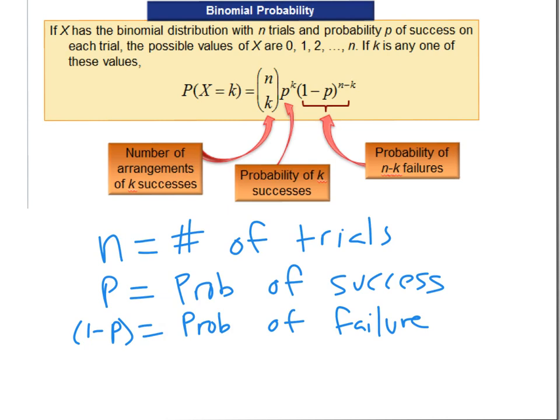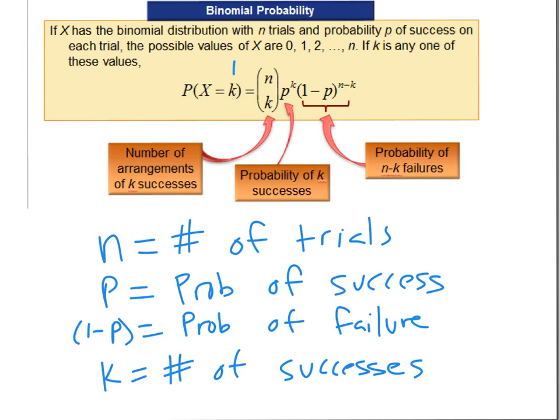Remember, the whole thing started with the B in BINS by saying these events have to be able to be labeled as success and failure. K is the number of successes. Okay, so on the one that we just did, we had said that K was 1.